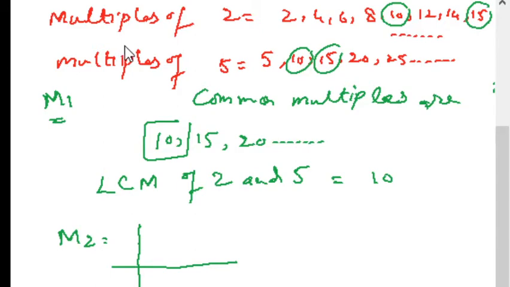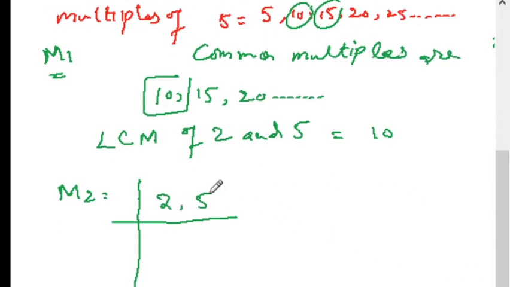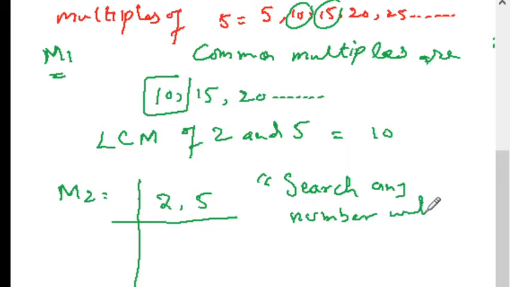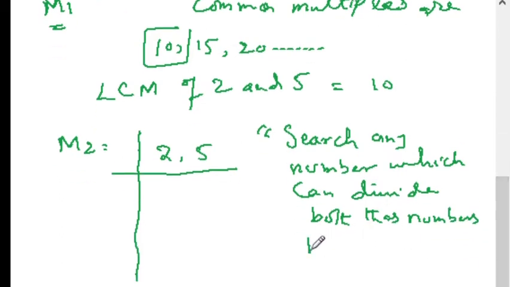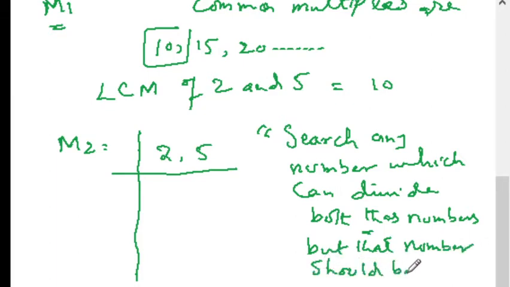Now if we write both the numbers 2 and 5 here, search for a number which can divide both these numbers, but that number should be prime.